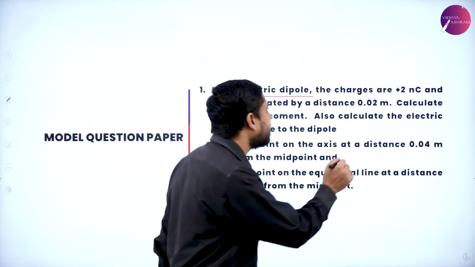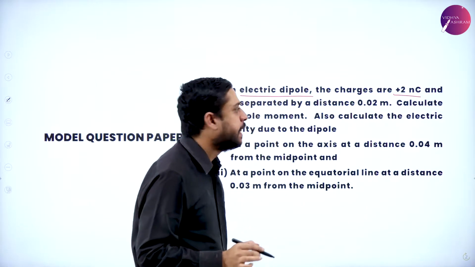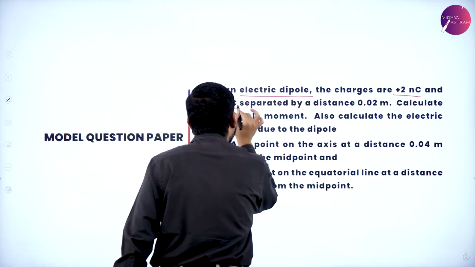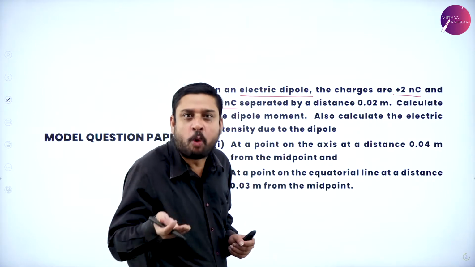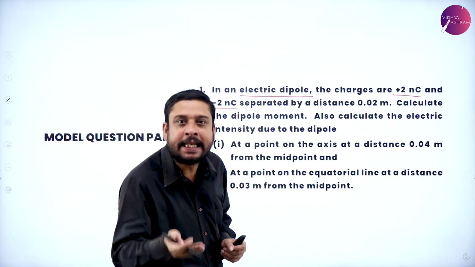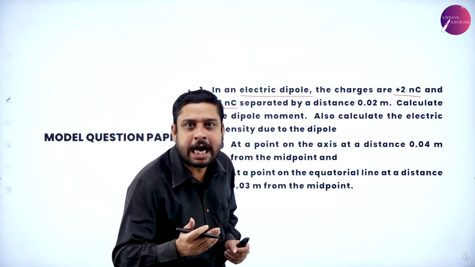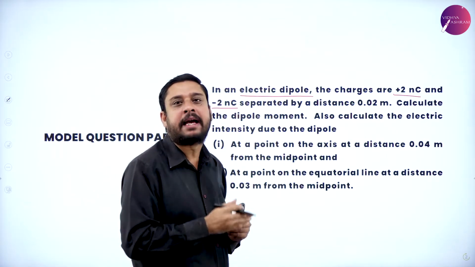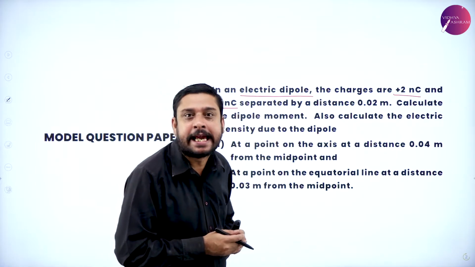The charges are +2 nanocoulomb and -2 nanocoulomb. Dipole means two equal and opposite charges. Two charges having the same magnitude but opposite in polarity.